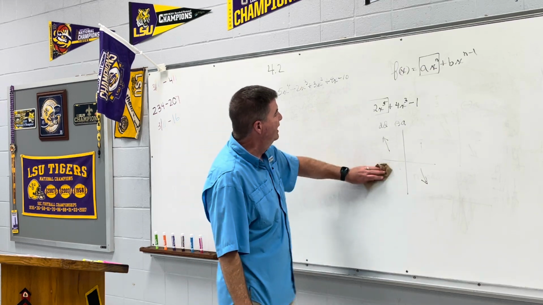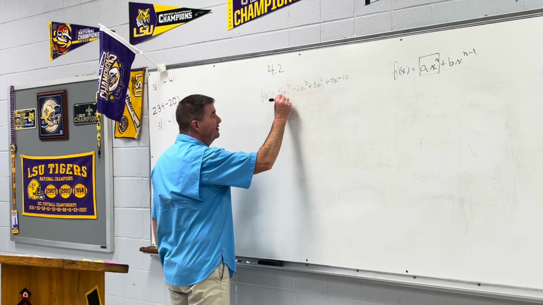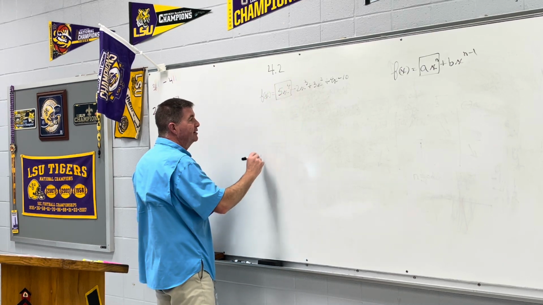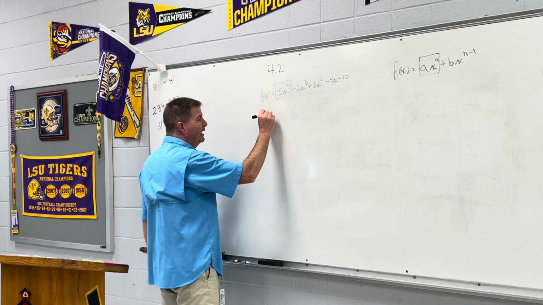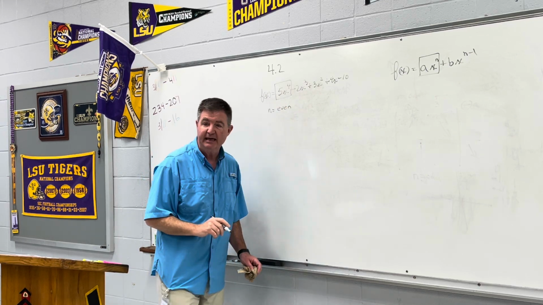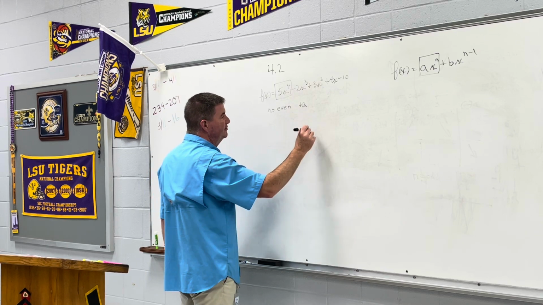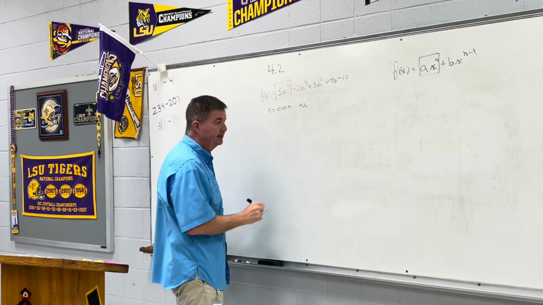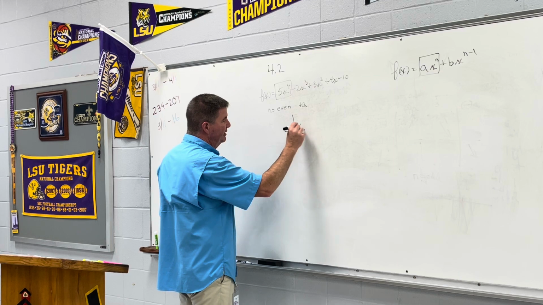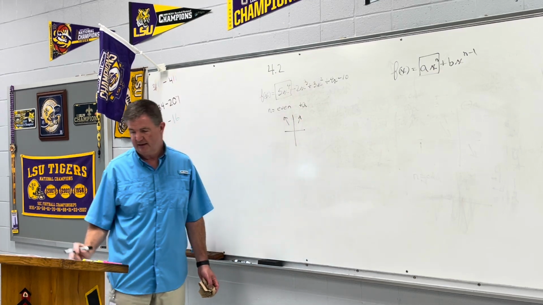Again, it's a big polynomial function, but we're looking for the end behavior. All we're looking for is the first term. So n is even, which means they're both facing the same way. And a is positive, which means they're both facing up. So again, the end behavior is going to be like this.